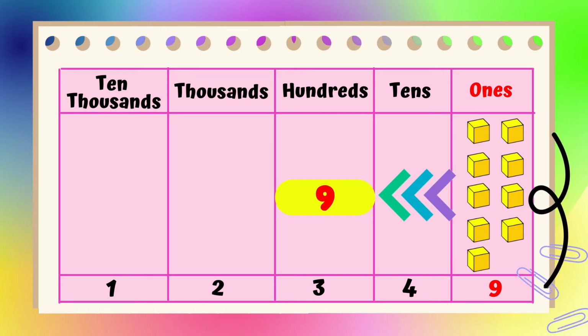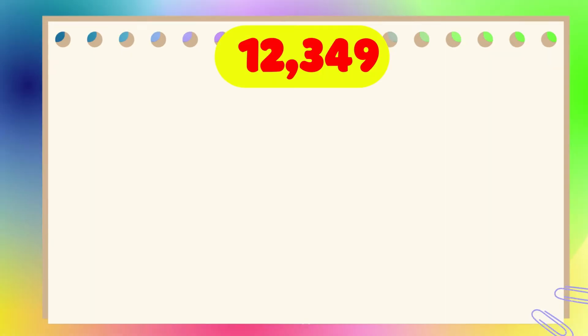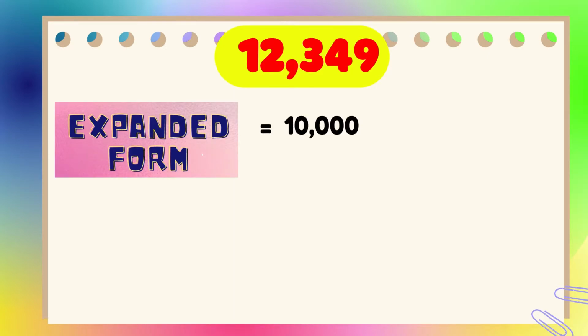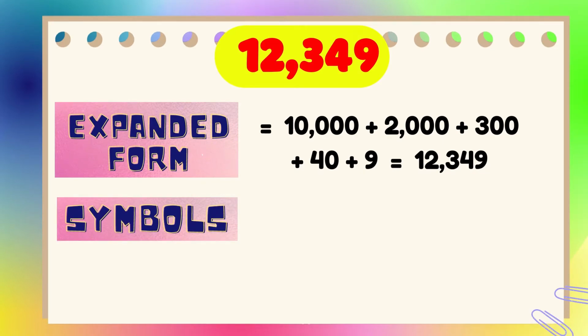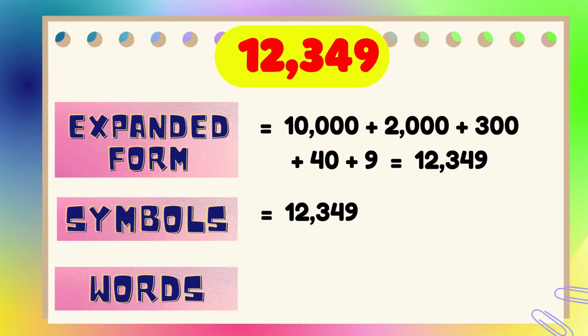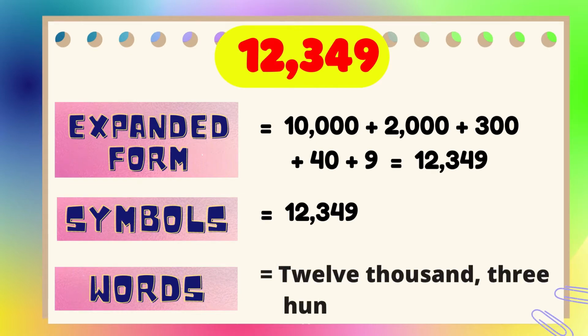Now, let's read and write the number in symbols and in words. We write 12,349 in expanded form as 10,000 plus 2,000 plus 300 plus 40 plus 9 is equal to 12,349, while we write it in symbols as and in words as 12,349.